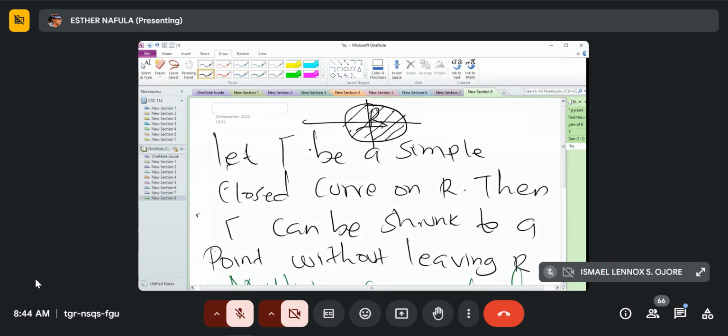You can draw a curve inside. That's fine.